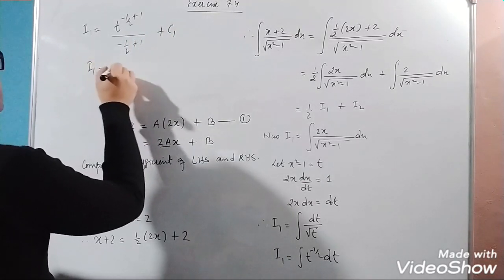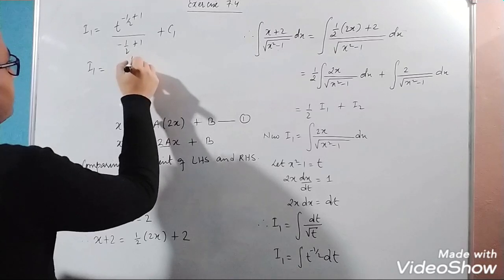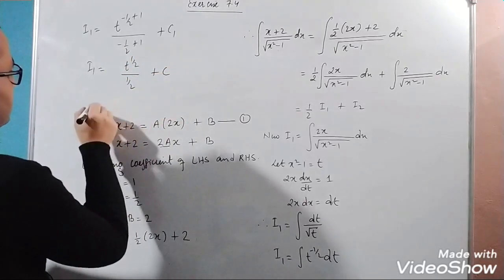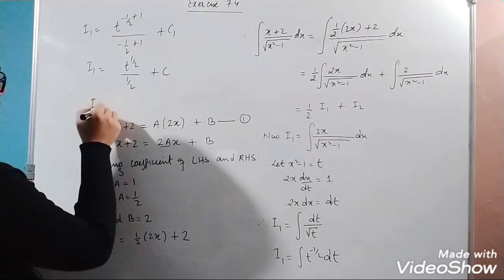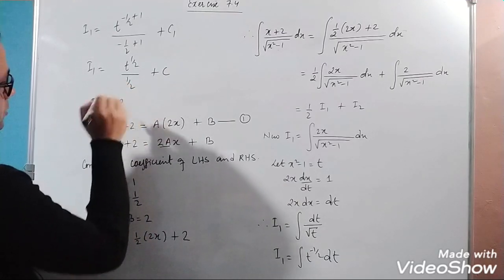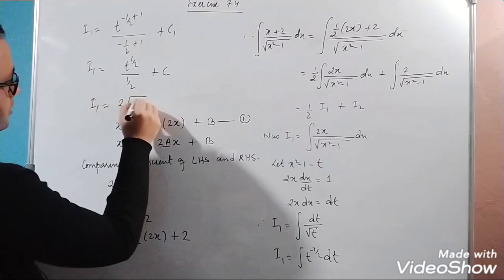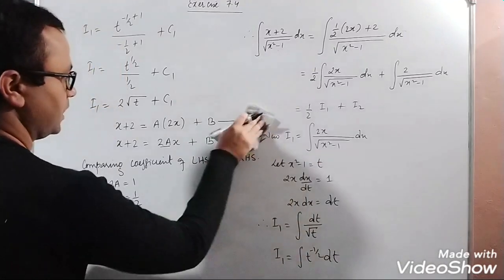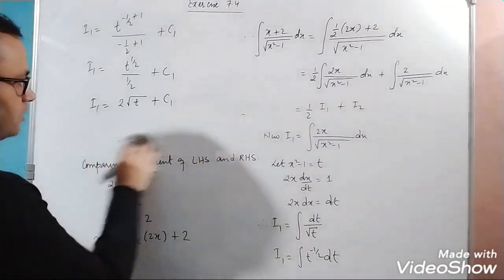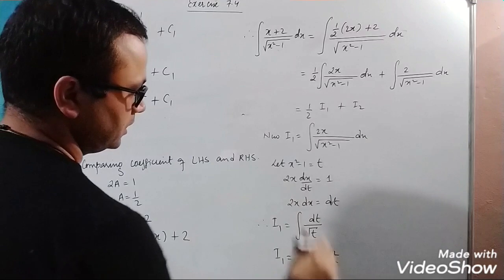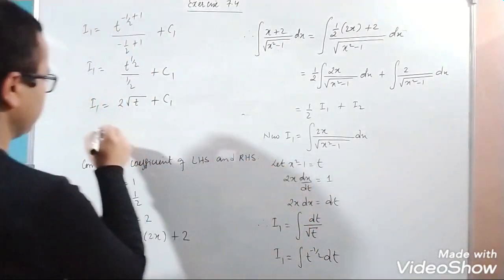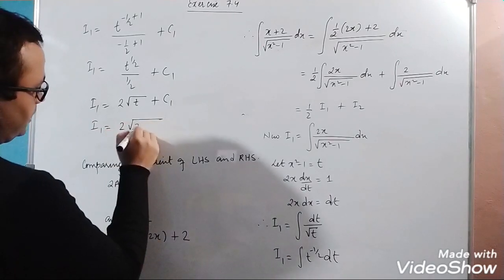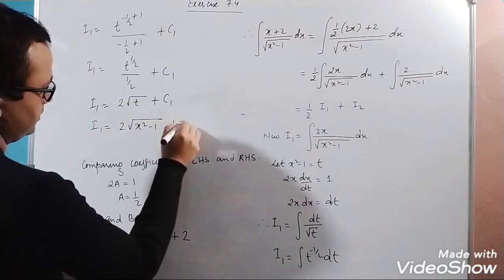That is t to the power half by half plus c. Reciprocating the half, we get 2 root under t plus c1. After that put the value of t, which is x square minus 1. So I1 equals 2 root under x square minus 1 plus c1.